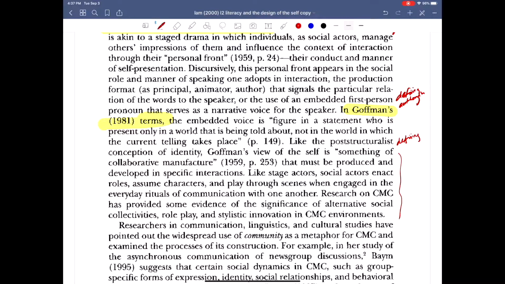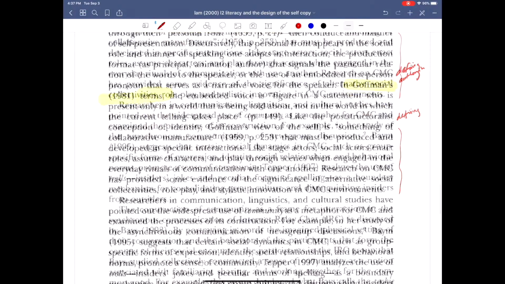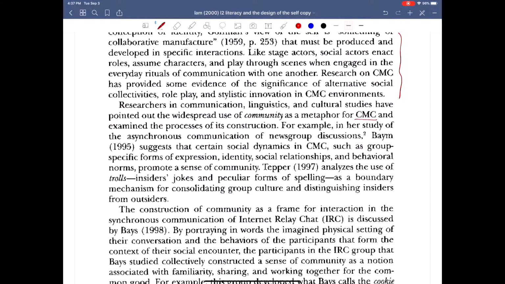talks about the self. And now she's going back to CMC, and then she's going to talk about community as a metaphor within CMC. So she is defining, and here she's again doing that thing where she talks about the broad ways that it's been used.